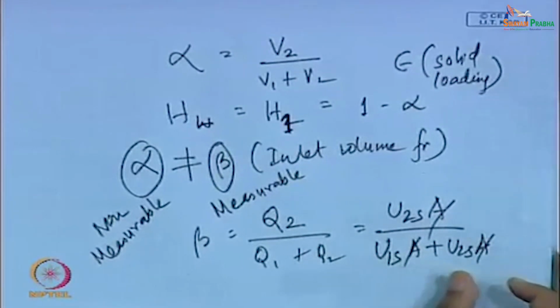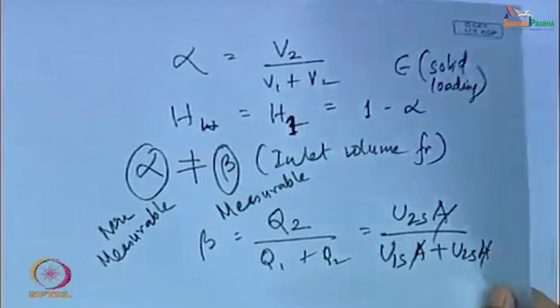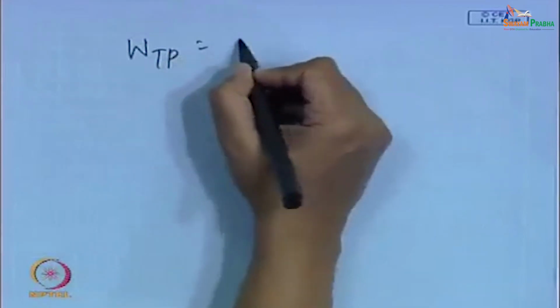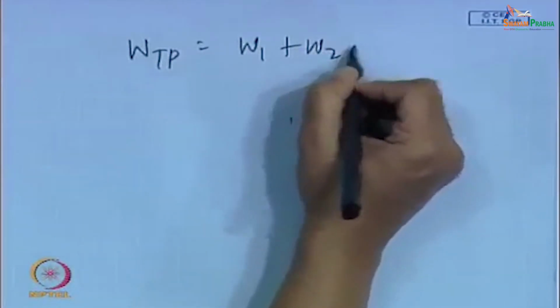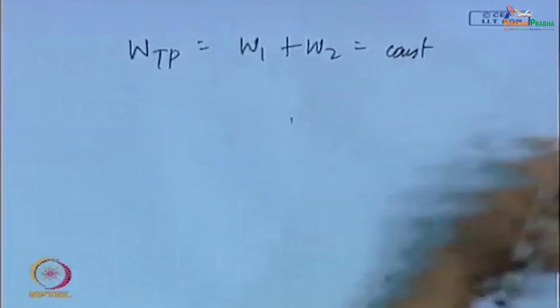So, I had defined beta, and then I said particularly for condensation and boiling situations, the quality of flow also changes. That means, when the flow is flowing up, the total mass flow rate, which we can write as WTP equals W1 plus W2, is definitely constant.